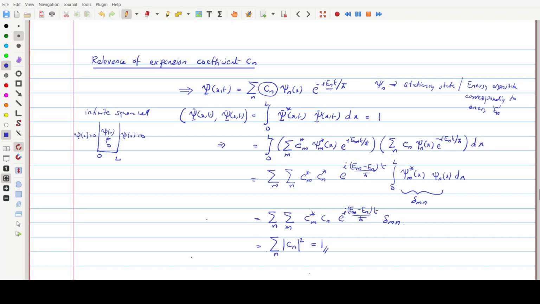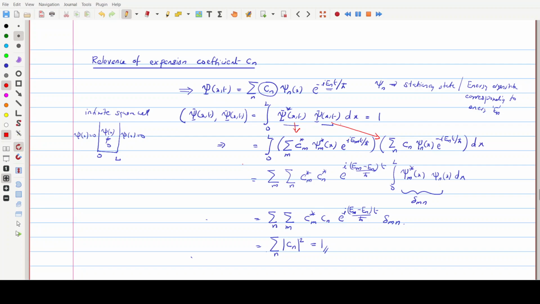So if you integrate this, you have to do the integration very carefully. We know that the integral from 0 to L of psi star of x, psi of x dx is 1. While integrating, I am going to represent psi of x,t as sum over n Cn psi n e raised to minus i En t by h cross, and for psi star of x,t, I am going to use another index because otherwise this index would be confusing.